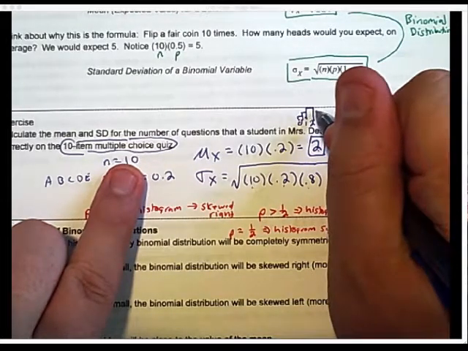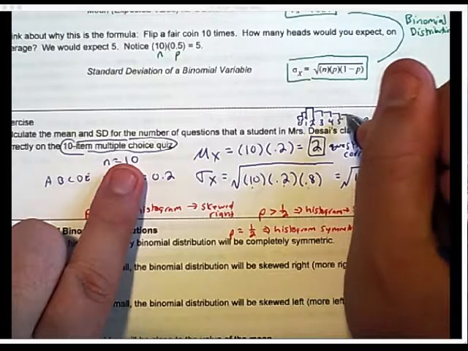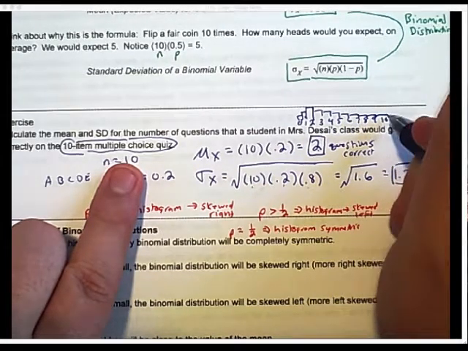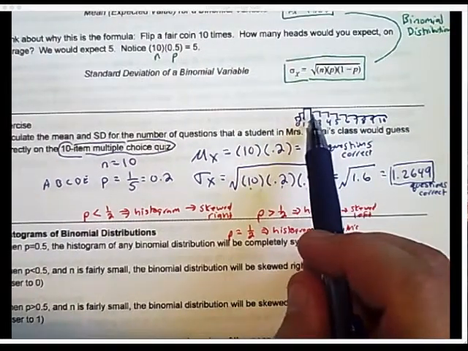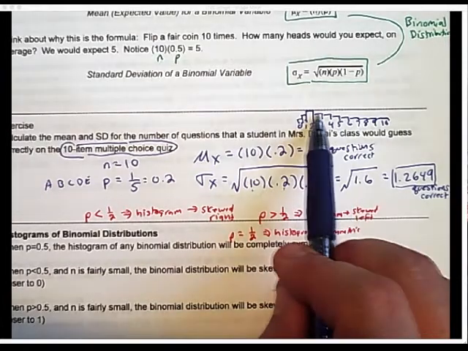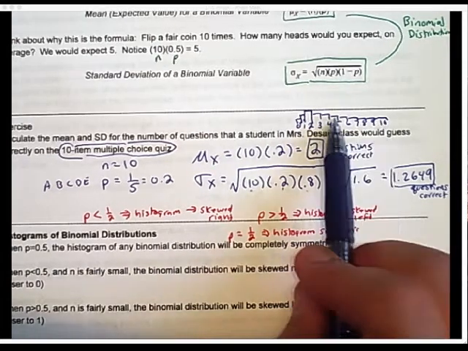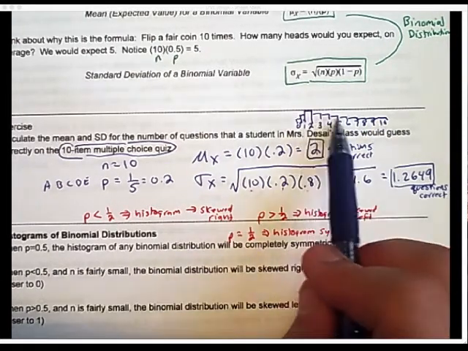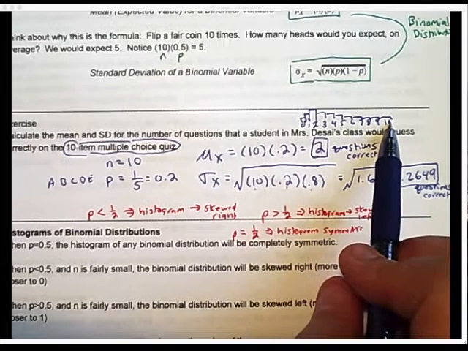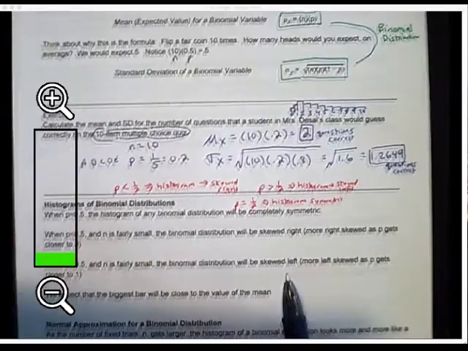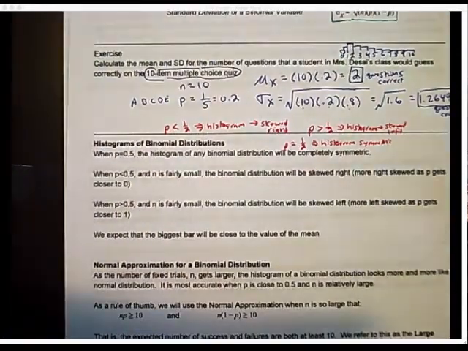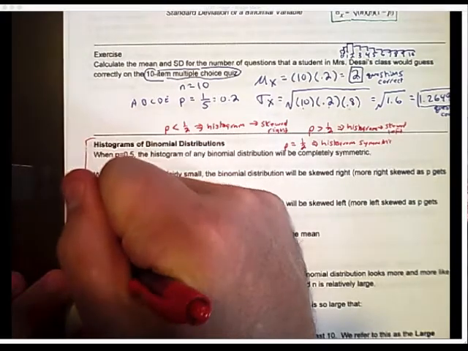Okay, so these other bars have to gradually go down from there on out. All right, so if the p-value is low, the bars on the other side have to kind of compensate for that. So that's why the histogram is skewed right. And that's what this bottom part is saying. Okay, that is what this entire section is saying.